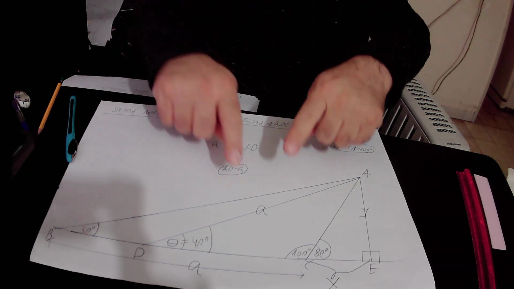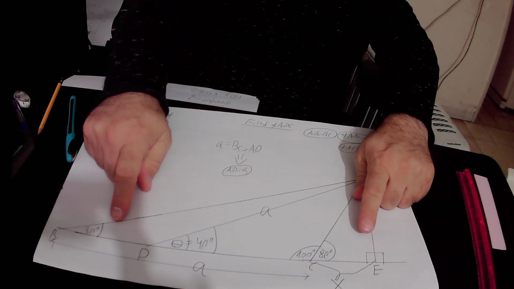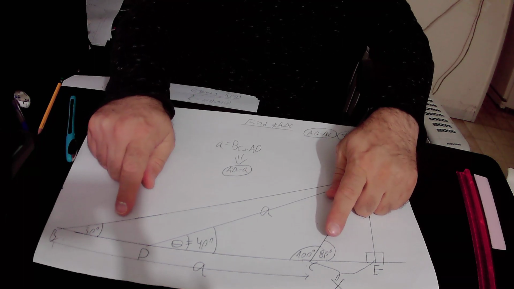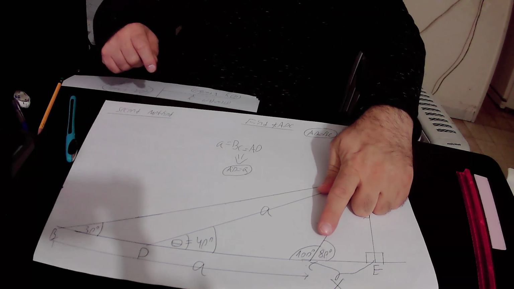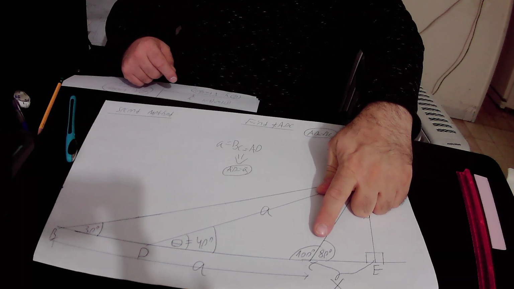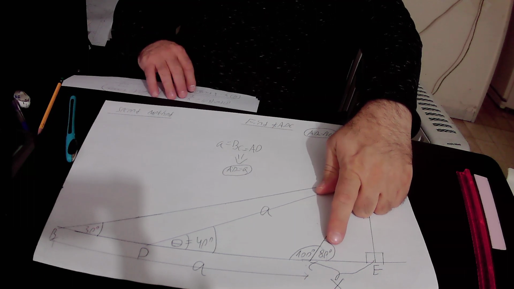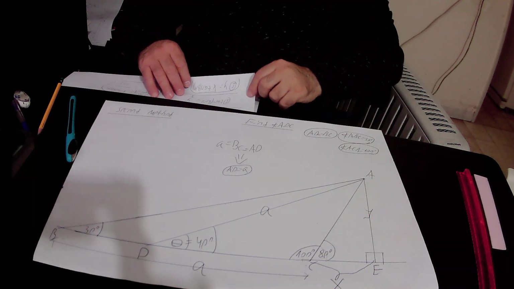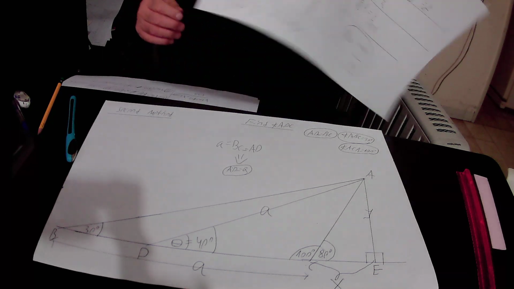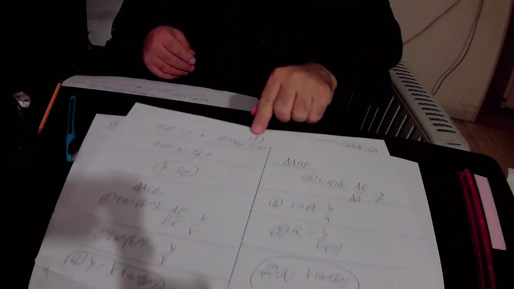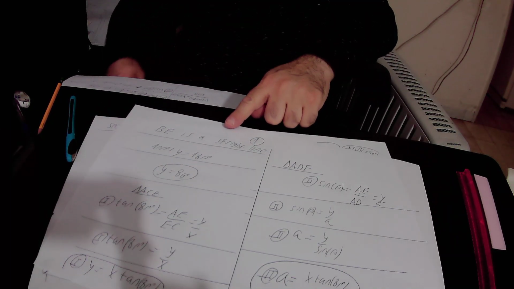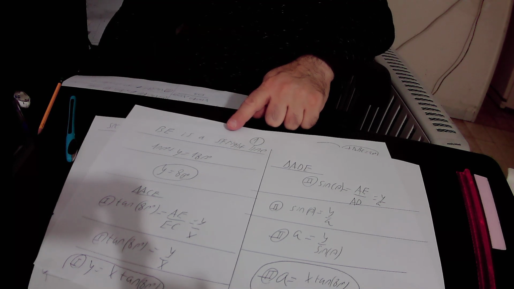So if we focus on the straight line BE on the upper side at point C, the sum of the angles must be equal to 180 degrees. That is to say 100 degrees plus this angle, that is angle Y, must be equal to 180 degrees. So I will repeat again that BE is a straight line, and the sum of the angles on one side of a straight line must be equal to 180 degrees.